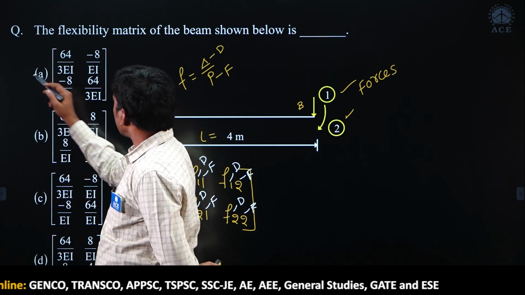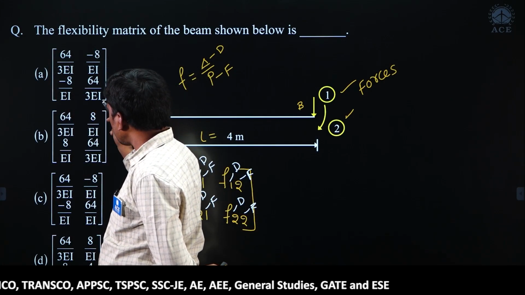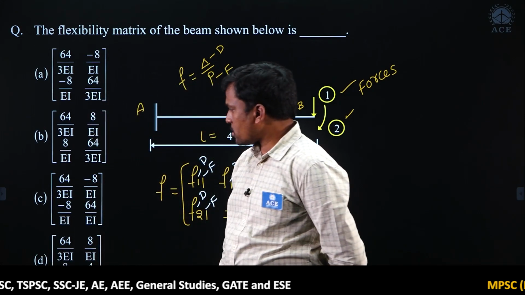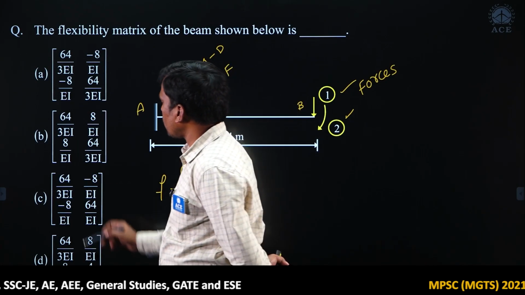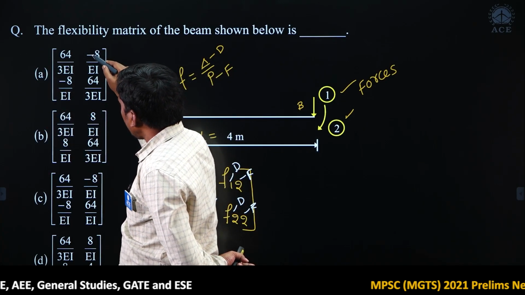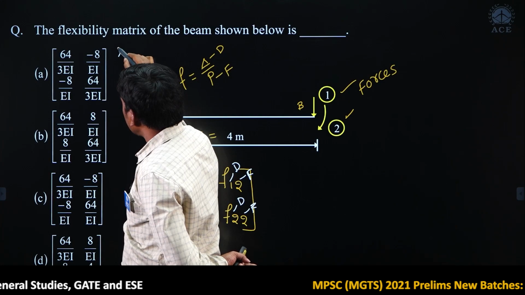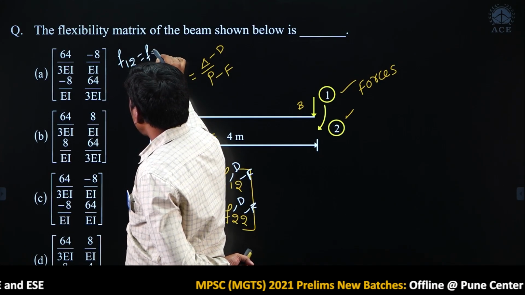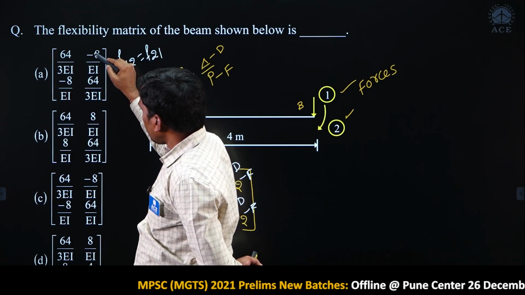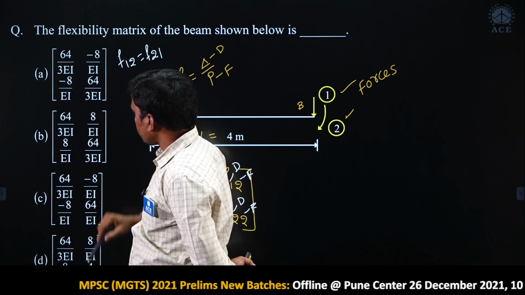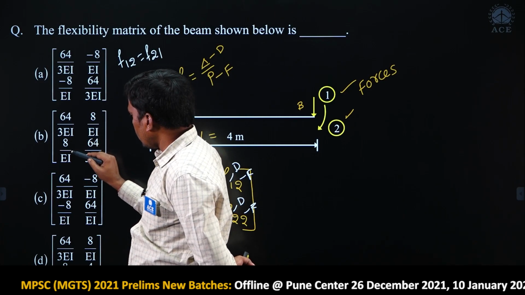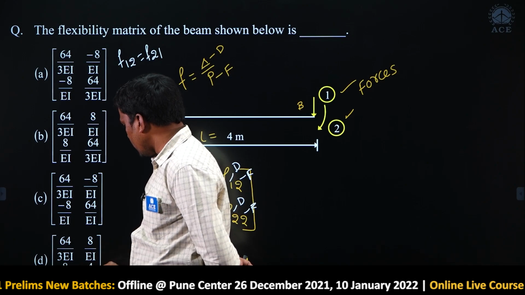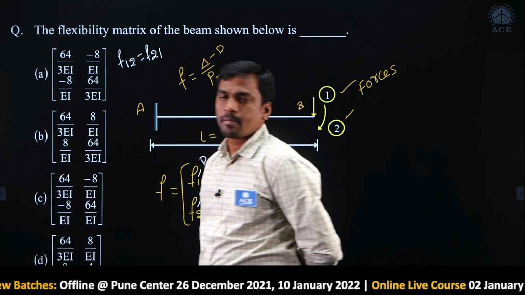So, 64, this is 8 by EI. Students, if you observe in these options, 8 by EI, this is nothing but F12 equals F21: 8 by EI, 8 by EI, minus 8 by EI, minus 8 by EI, and 8 by EI, 8 by EI.